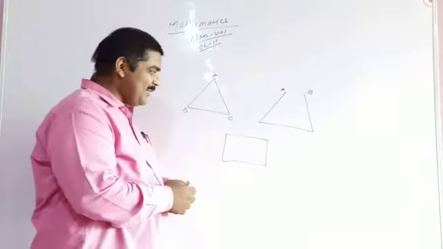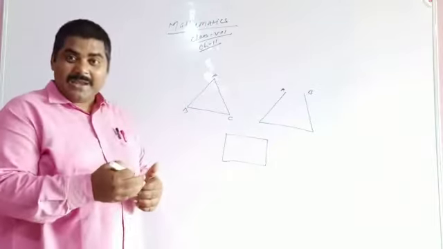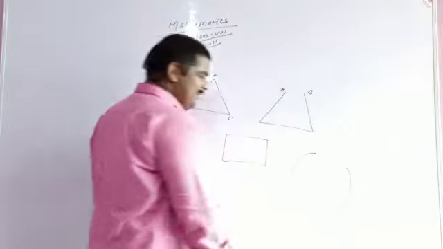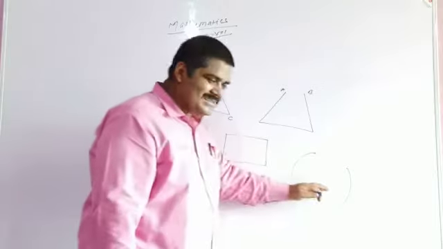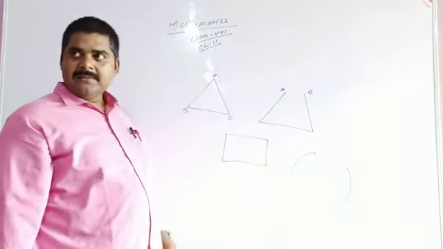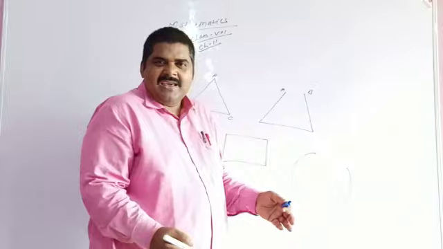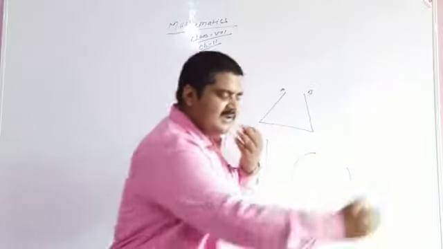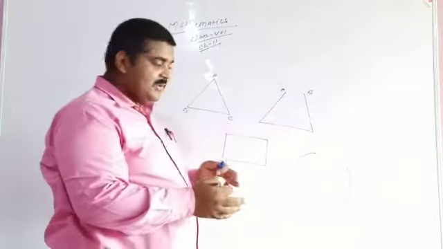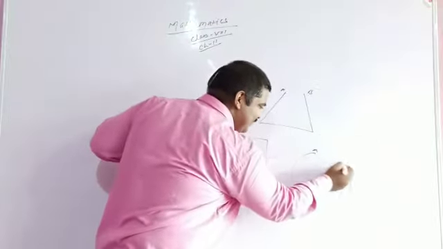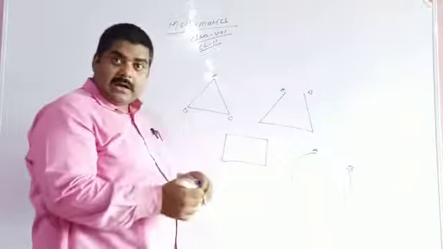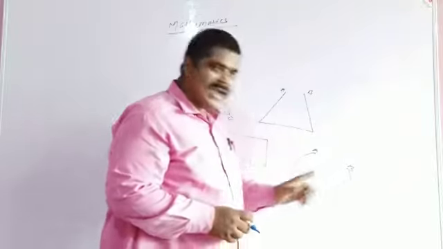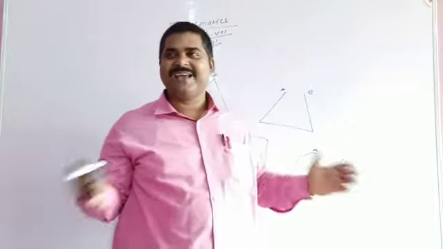If you discuss curved figures, which can be open and closed, actually this is not rectilinear. Why? Because it is not made of straight line segments. It is the curved one, so this is known as a curved figure. And in a curve, it is also open because initial and final are both different.